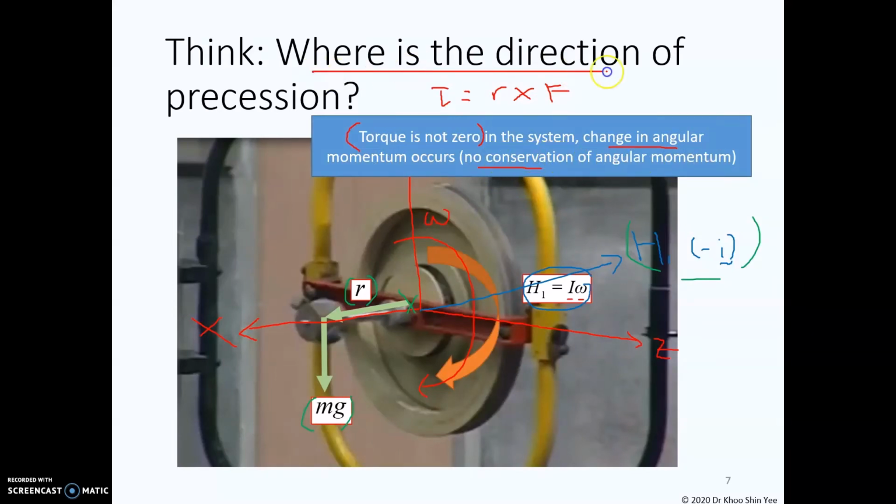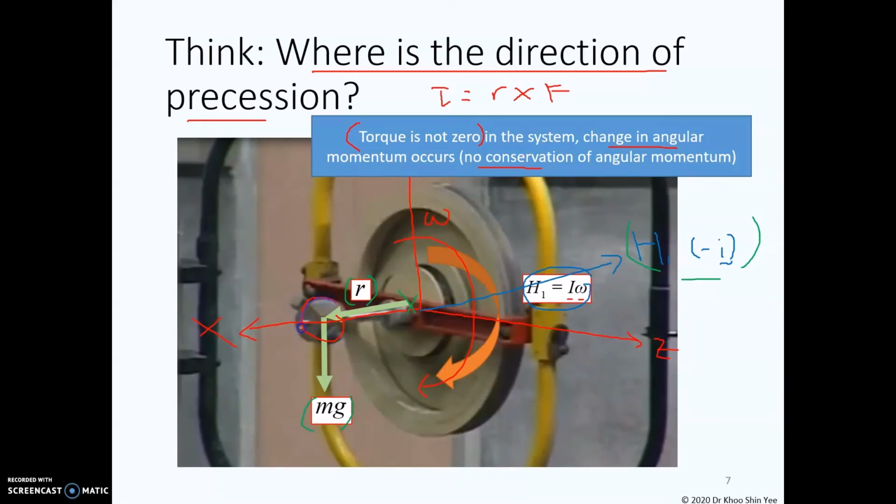Can you predict the direction of the precession after you apply the torque constantly to this system? In simple terms, after you apply the torque by adding mass to this system, where is the new direction of the wheel's spin?